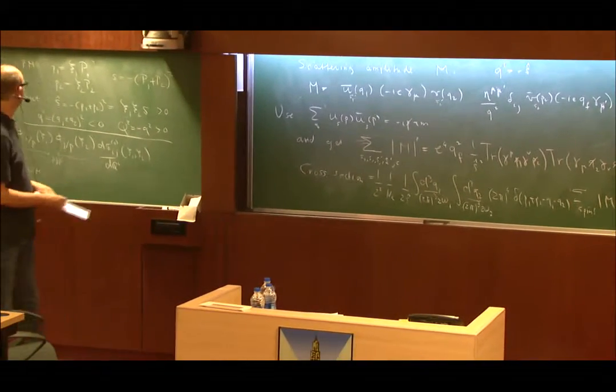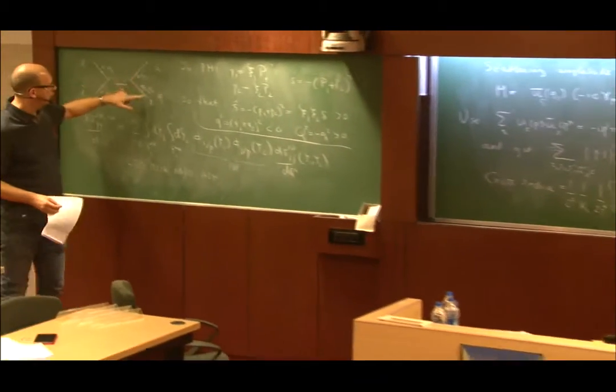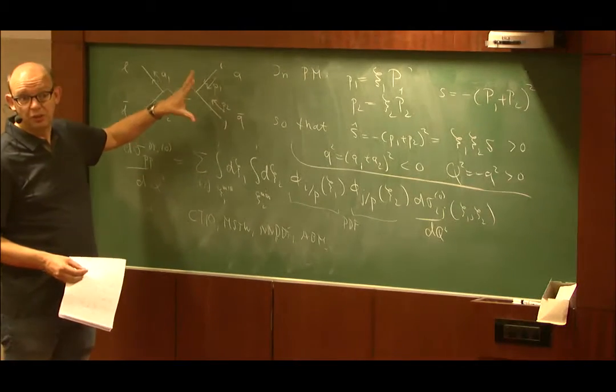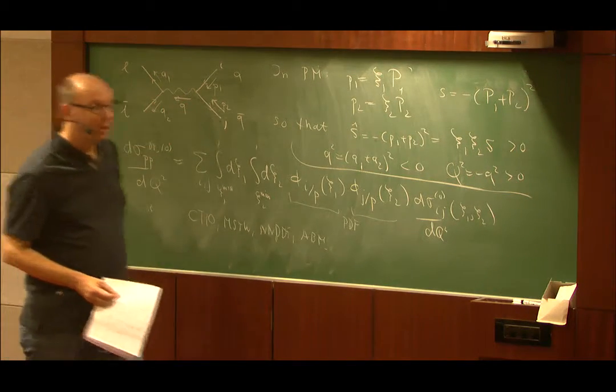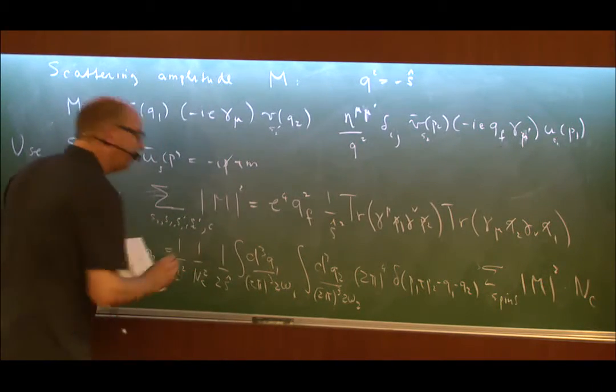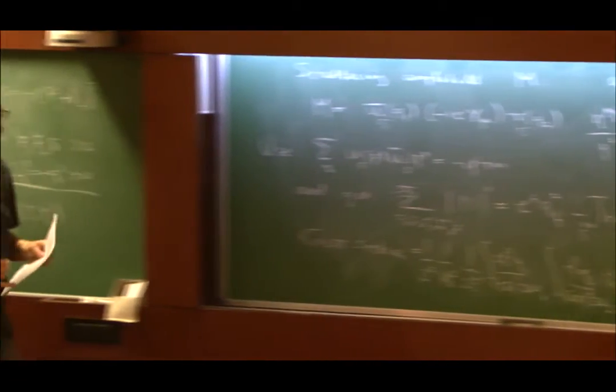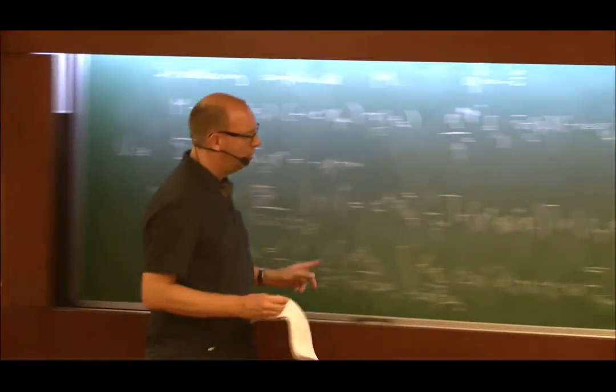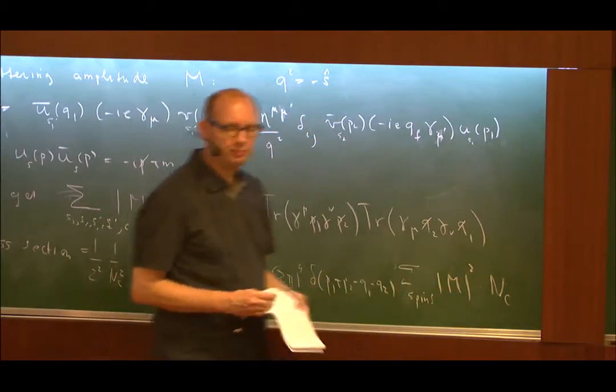This is because for up, anti-up, I can still have this coming in 3 colors, so I sum over it. But I actually also average over it. There's a 1 over N_C squared here, one for each incoming quark, and then I sum over them, which gives an extra factor N_C.